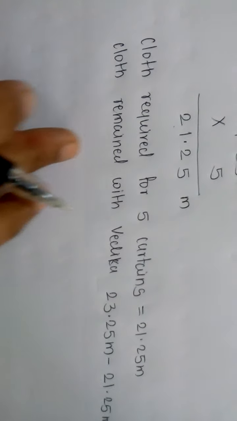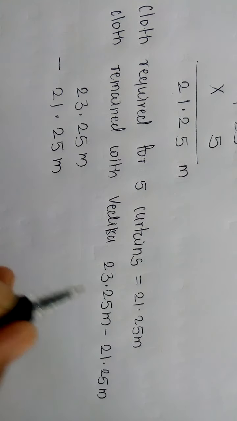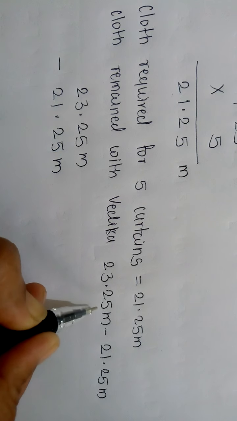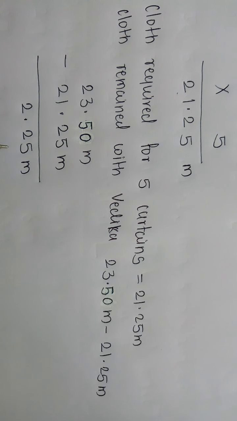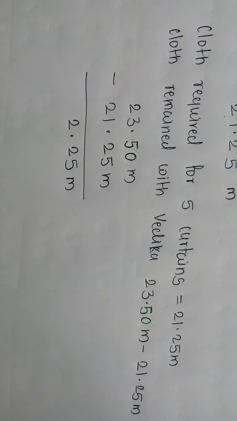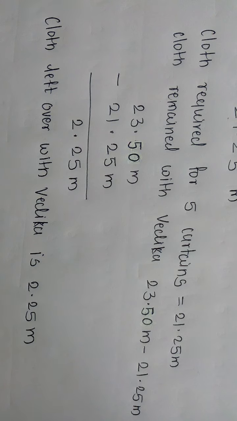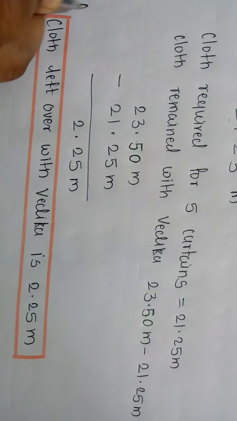So we will subtract here vertically. 23.50 meter is there, and the subtraction is 2.25 meter. And in the example the question asked is how much cloth is left over with Vedika. So here we can write the cloth left over with Vedika is 2.25 meter. And this is our answer.